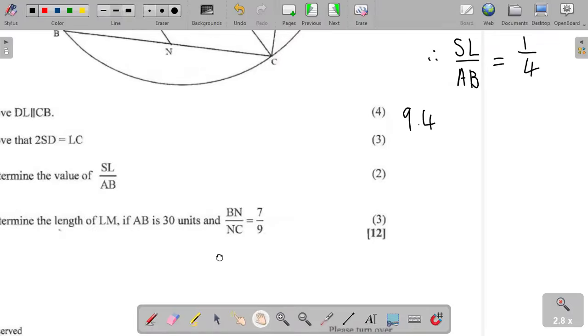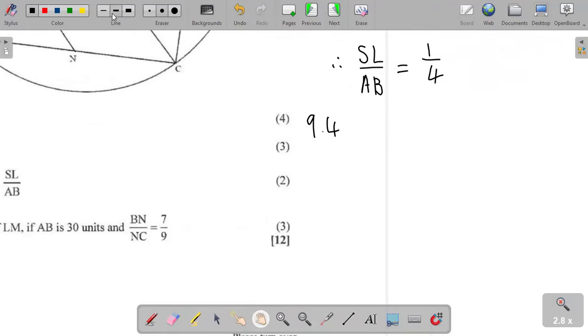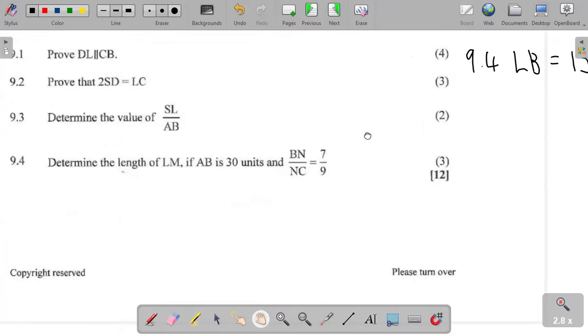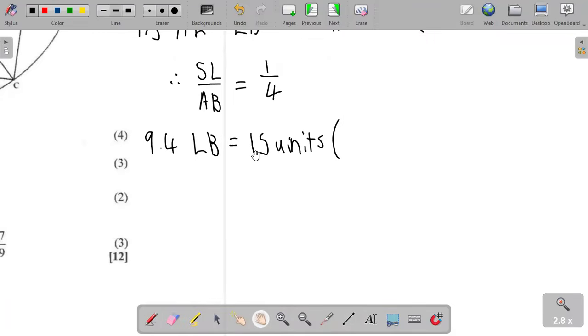So this means that therefore LB is 15 units because it's a half, isn't it? Because they told us that AB is 30 units. So LB is a half. The reason here is because they told us that AB equals 30 units.